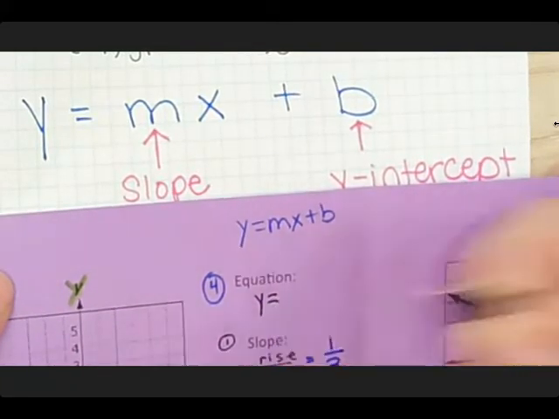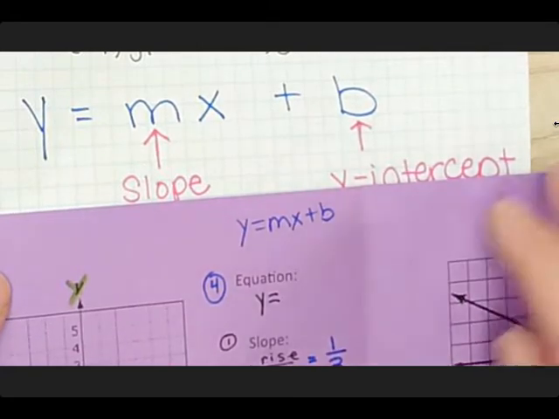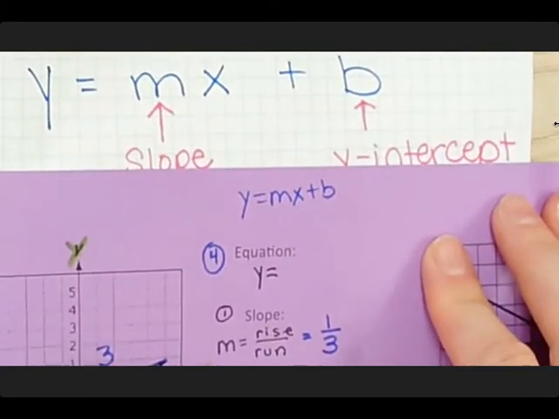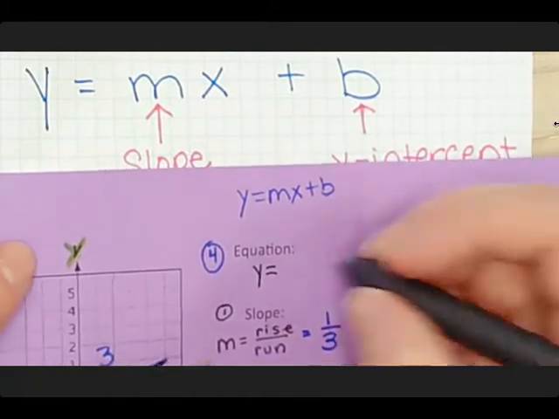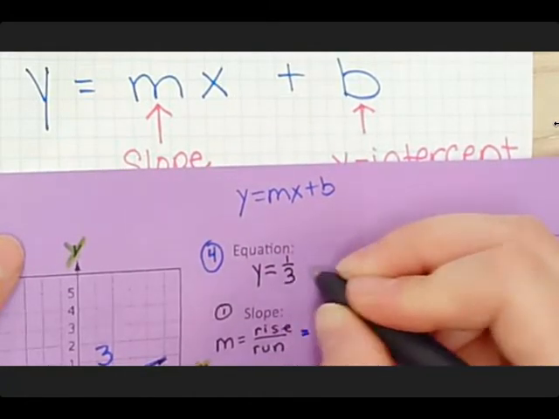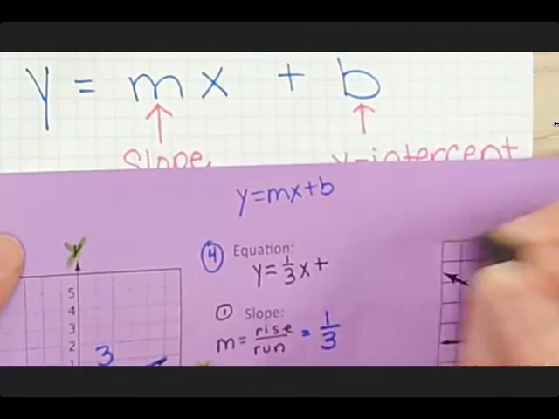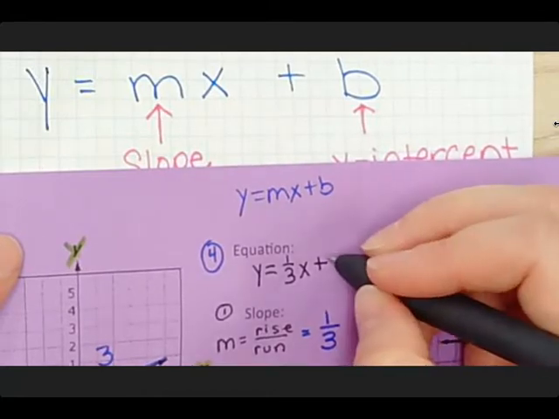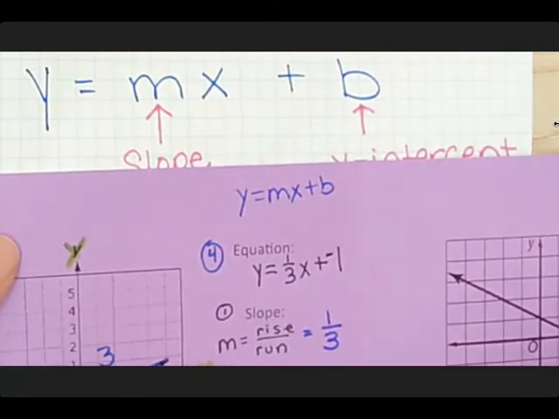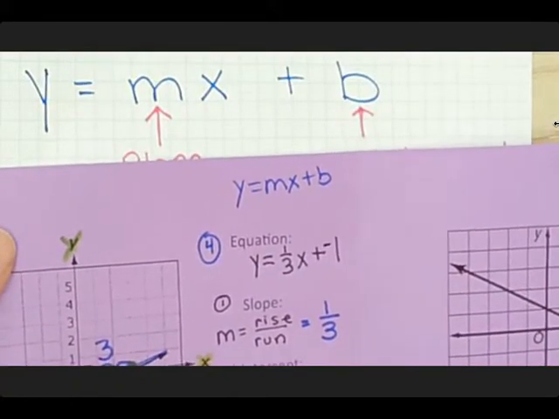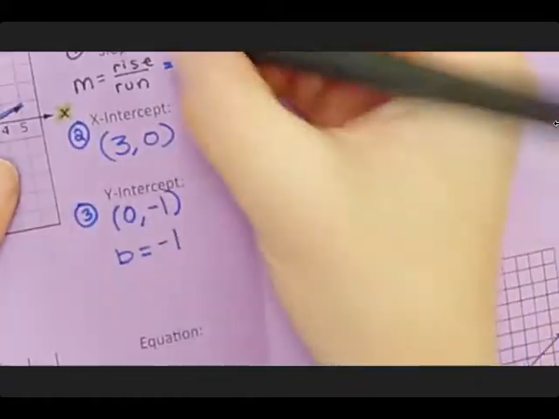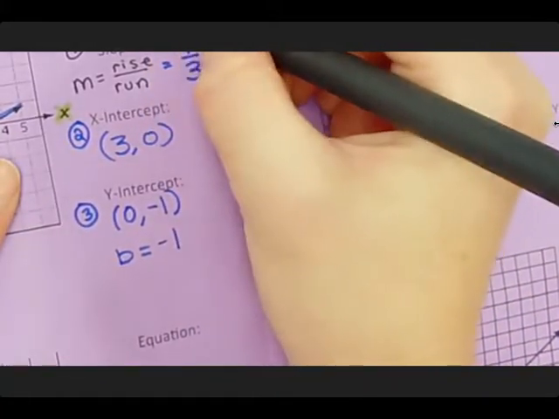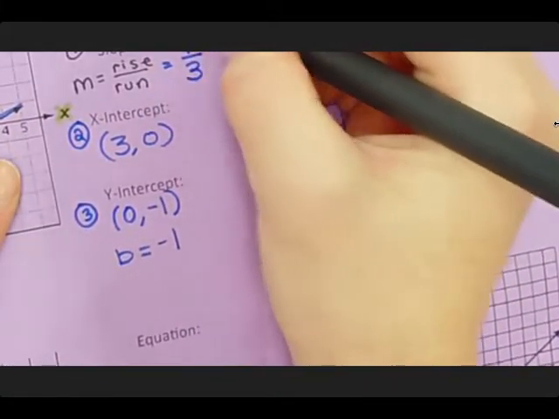Y equals, what did we find as our slope? 1/3 x plus, what is b? -1. I've written that a different way though. What could I have written that as? 1/3 x minus 1. So I'm going to put 4, y equals 1/3 x minus 1.